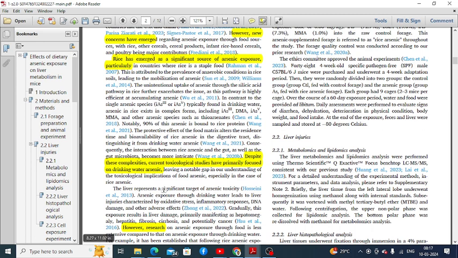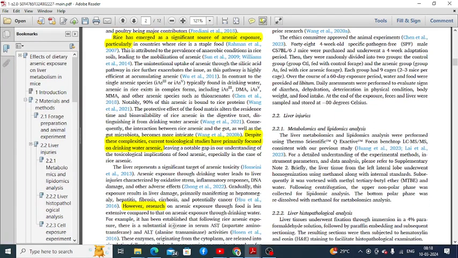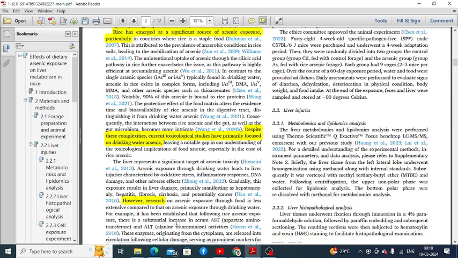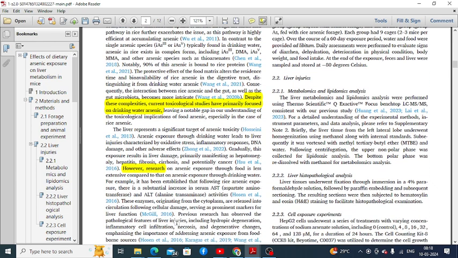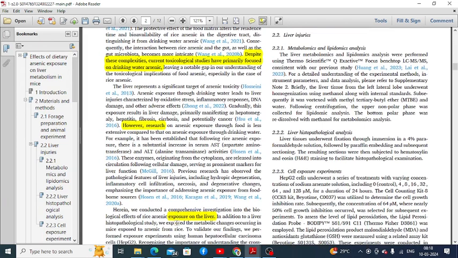So next, there are some studies, very few studies, which focused on dietary arsenic exposure also, but those studies are very limited, and the biological effects they studied are also very limited. Okay, so in this study they focused on a few things, for example, to understand the histopathological information after arsenic exposure, and they explored metabolic changes also.